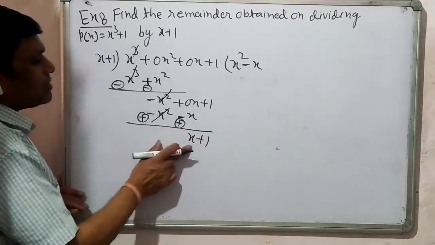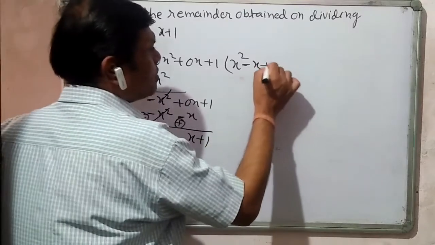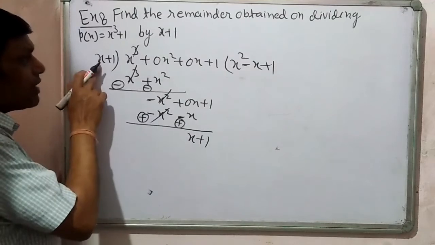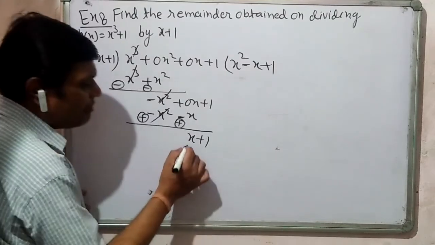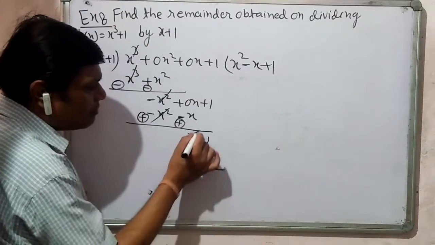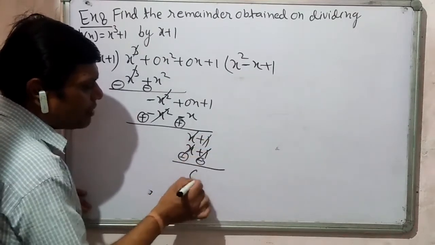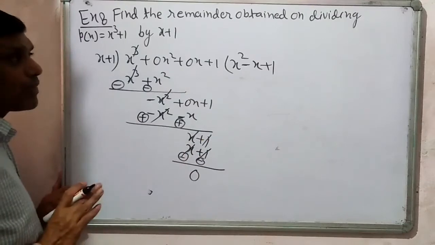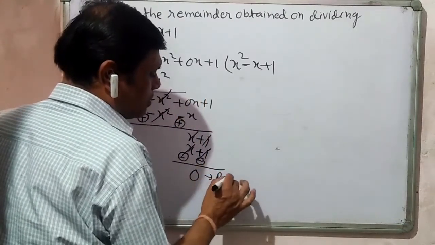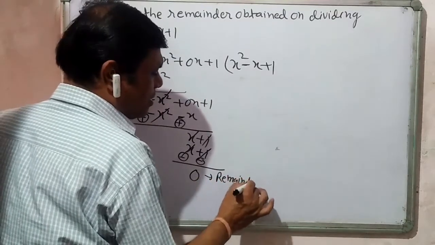X divided by x is 1. And because it is positive 1, we will multiply with positive 1 the divisor x plus 1. We will get x plus 1 as such. We can change the signs. We see both of them are being cut and the remainder comes 0. So the remainder here is 0.